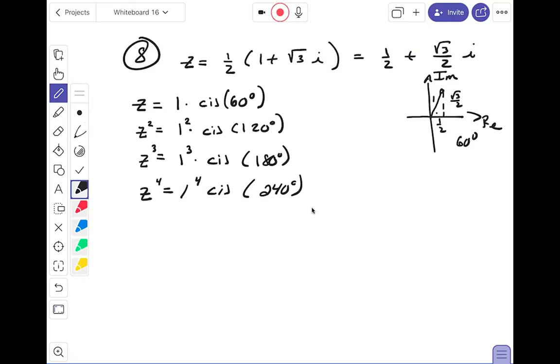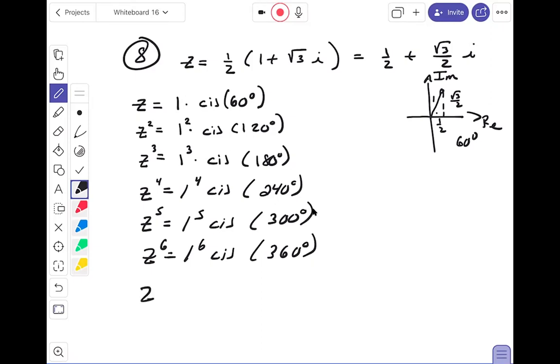Okay, let's keep going. z to the 5th, 1 to the 5th power cis 300 degrees, right? Because 5 times 60 is 300. Let's do z to the 6th, 1 to the 6th cis 360 degrees, right? And then z to the 7th, 1 to the 7th, cis. Let's see, that would be what? 420, right?